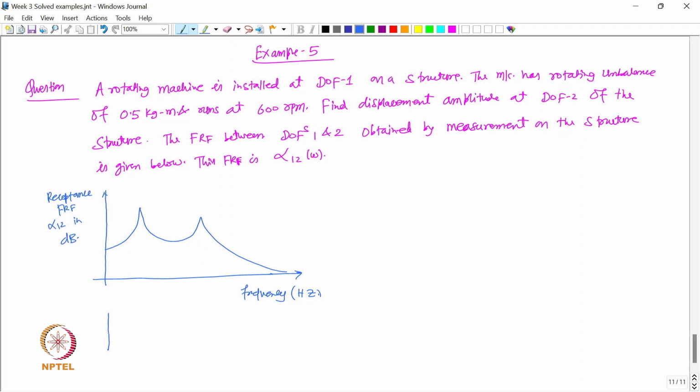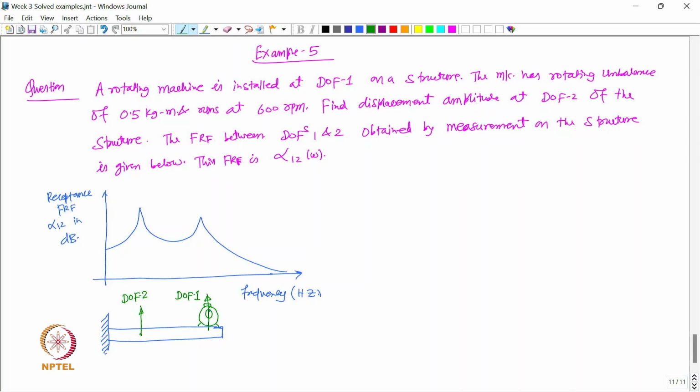So the structure is like this. Let us represent it by a cantilever structure like this. And here the machine is mounted, such as a motor like this, and this is the degree of freedom 1, DOF 1, right, and there is another degree of freedom of interest, this is DOF 2.